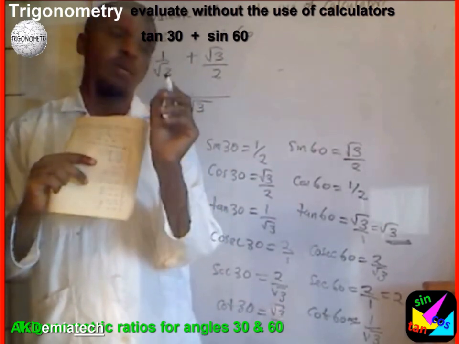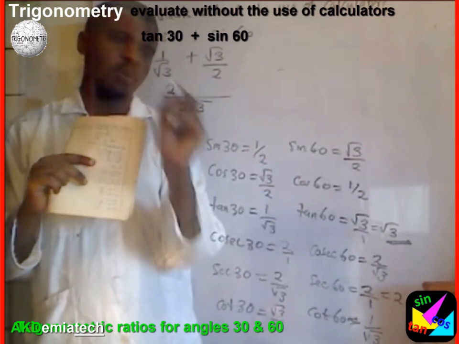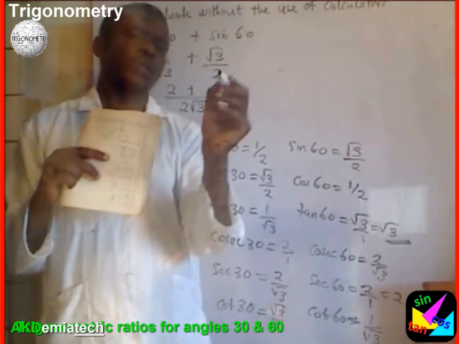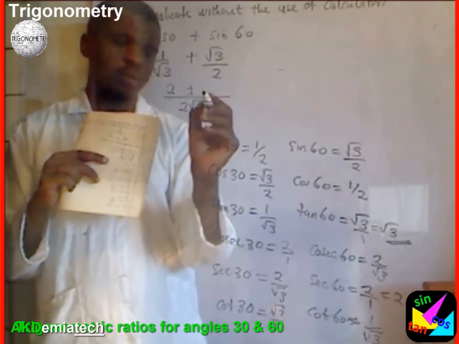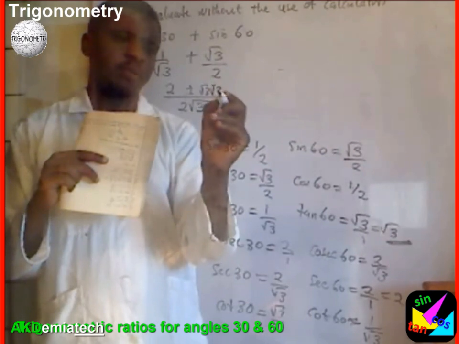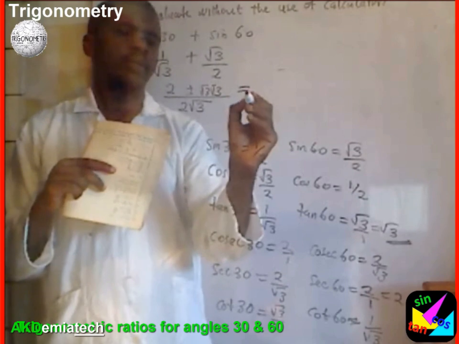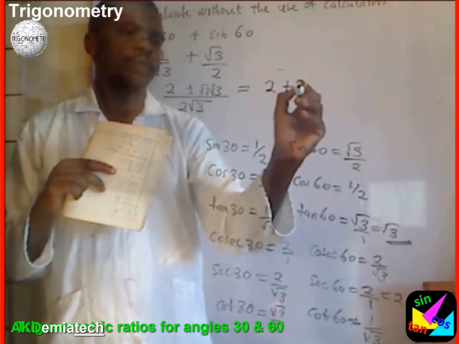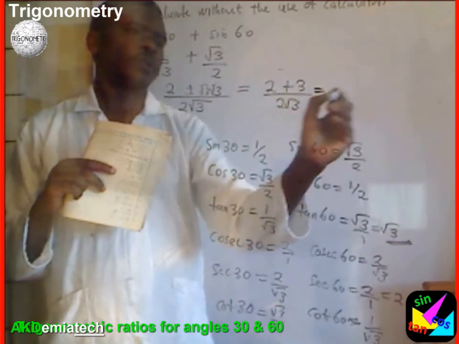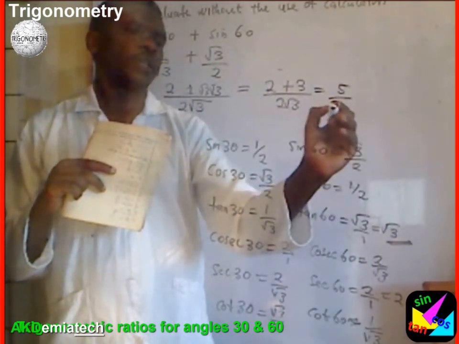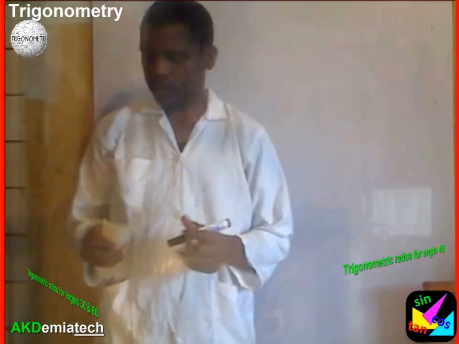I'm left with 2 times 1 plus 2 times root 3 times root 3, root 3 times root 3. So this is equals to 2 plus 3 all over 2 root 3, which is equal to 5 all over 2 root 3. So for now we'll leave the answer like this.